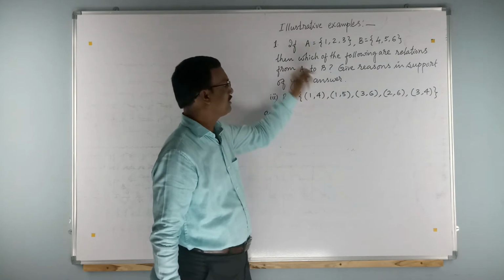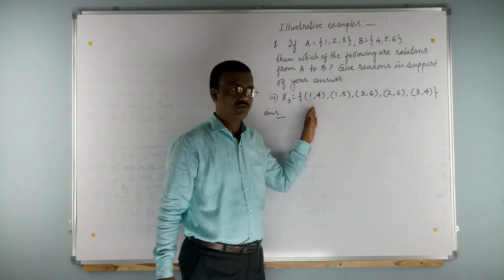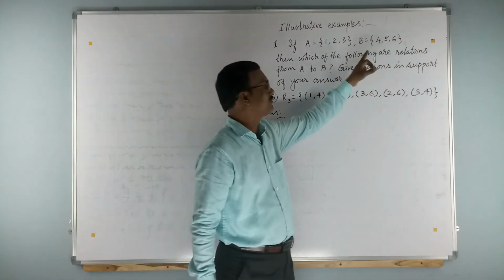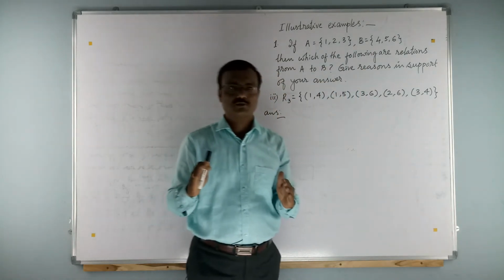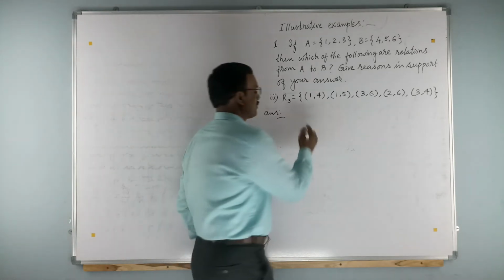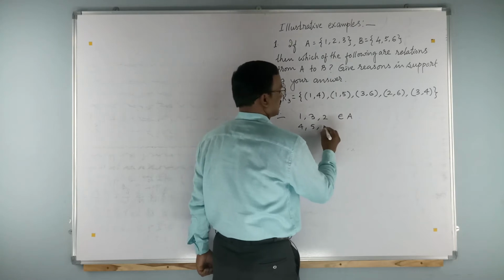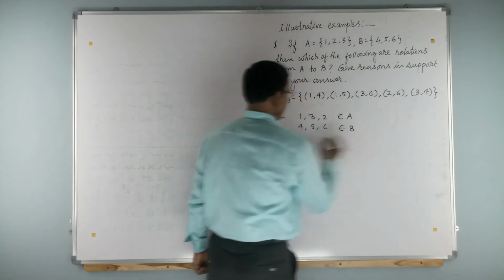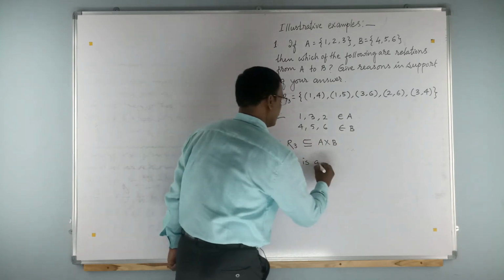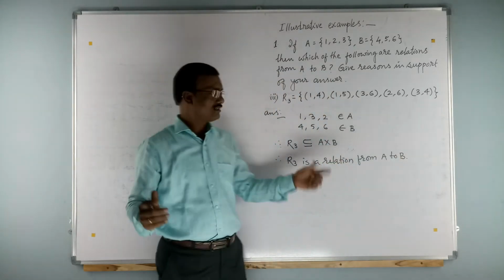You can check 1 is from A, 3 is from A, 2 is also from A, 3 is also from A. So at the first position, whatever elements are given here, all are from the set A. Now second position, 4 is from B, 5 is from B, 6 is also from B, 4 is also from B. So strictly first position elements are from the set A, and the second position elements are from the set B. So ideally R3 is a subset of A cross B. So 1, 3, 2 belong to A, and 4, 5, 6 belong to B, and therefore R3 is a subset of A cross B, and therefore R3 is a relation from set A to B. This is the answer and the justification.